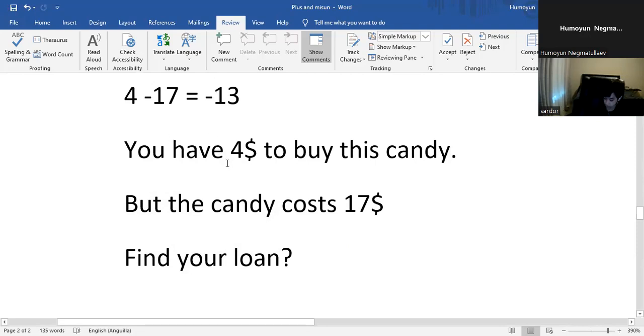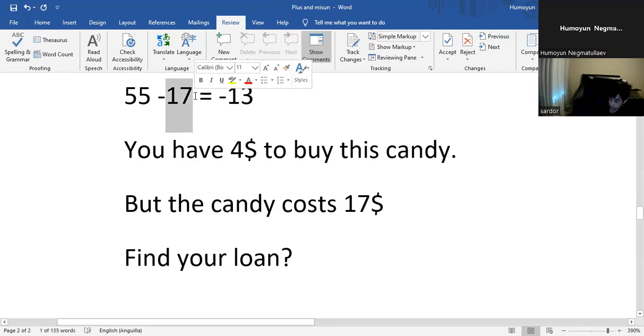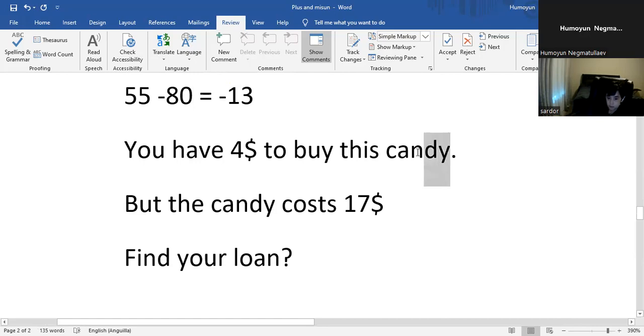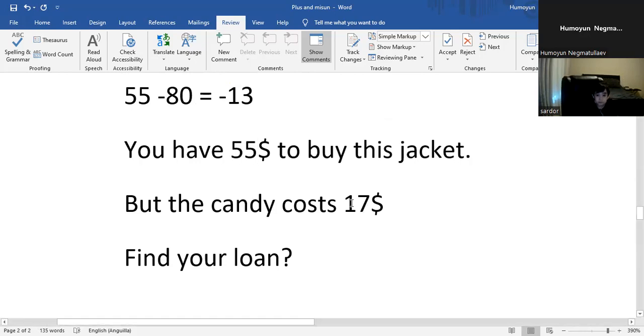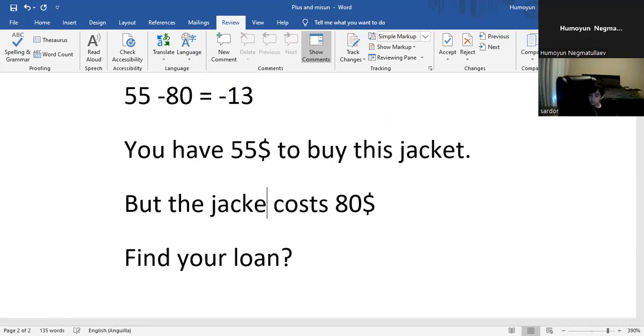A little tough. Yeah, just imagine you have $55 to buy the item, but the cost is 80. You don't need to write.